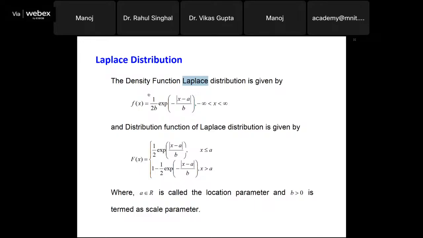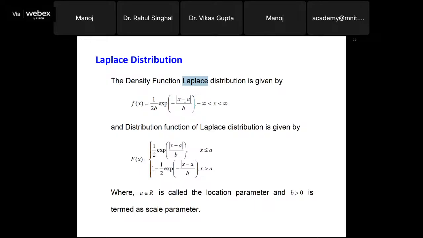If you see this formula, again there are two parameters, A and B. A is called the location parameter, and B is called the scale parameter. So the idea was that around the location, or you can say the mean value, the offsprings or the generated solutions are exponentially distributed around this location.